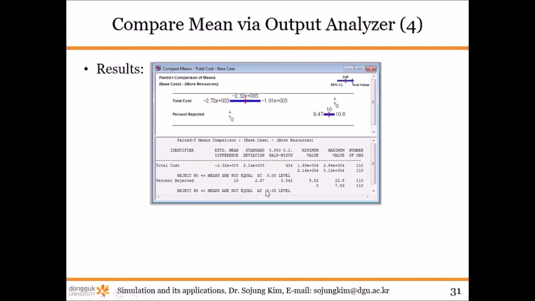If you look at percent rejected and total cost, both results do not include 0, right? Which means total costs are different, and percent rejected is also different. So reject H0 for both cases.